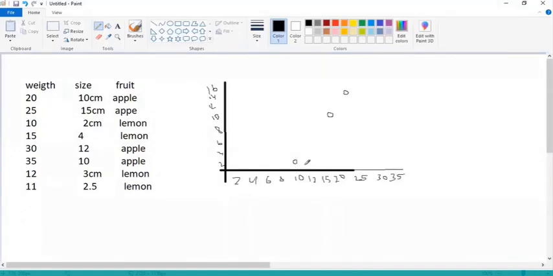Weight is 15, 4 centimeters. Weight is 30, 12 centimeters. Weight is 35, 10 centimeters.